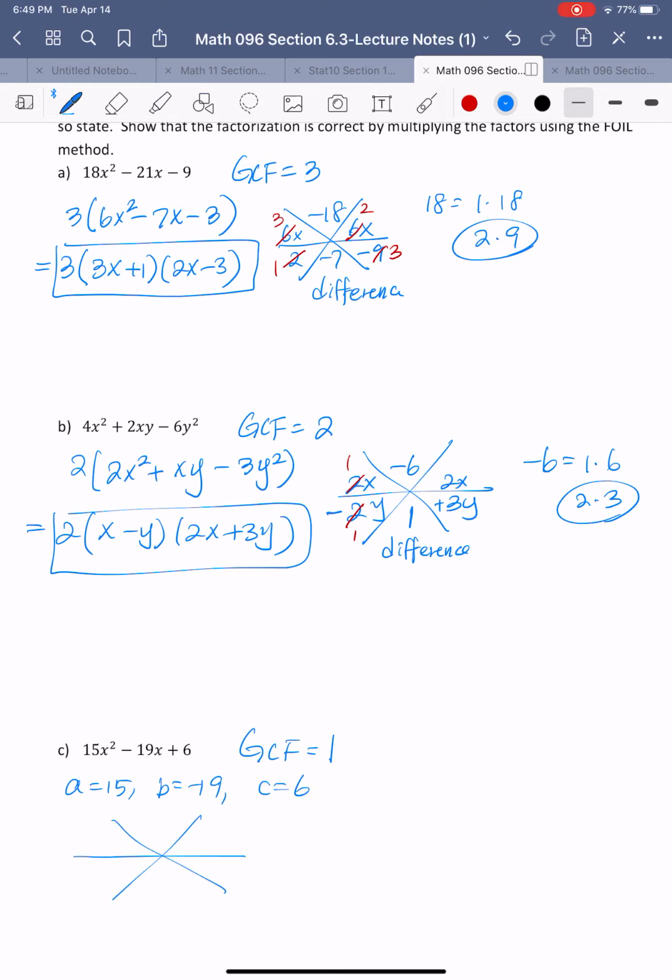So X factor. So 15 times 6 is going to be 90, and negative 19, which is going to be a sum because of 90, and 15x and 15x. So from the 90, 1 times 90, 2 times 45, 3 times 30, which is 33, right?